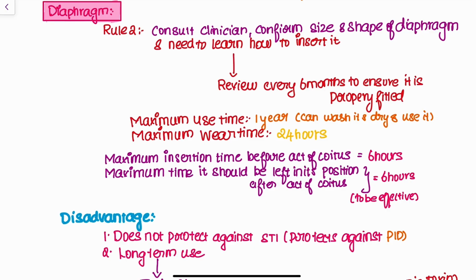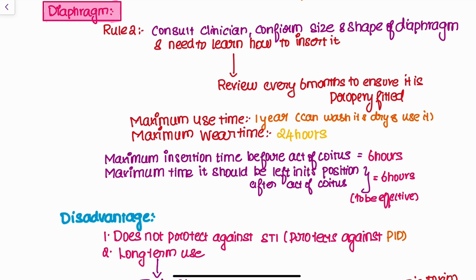So even 6 hours before the act of coitus, the female can insert this diaphragm inside her vagina. And how about the maximum time after which she has to remove it? She has to leave it for about 6 hours after the act of coitus, and after 6 hours, she can remove the diaphragm, wash it, dry it off, and keep it for next day usage.